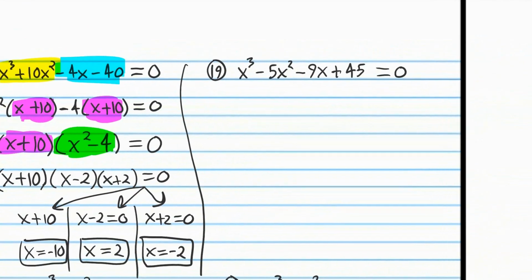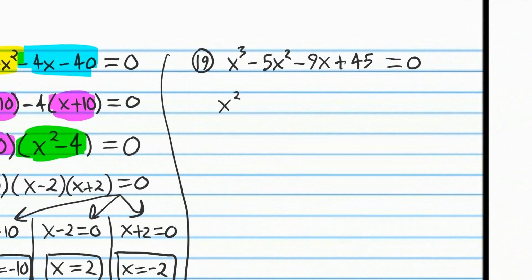All right, we're back. Pull out the x squared in the first 2 terms. And pull out a -9 in the second 2 terms.